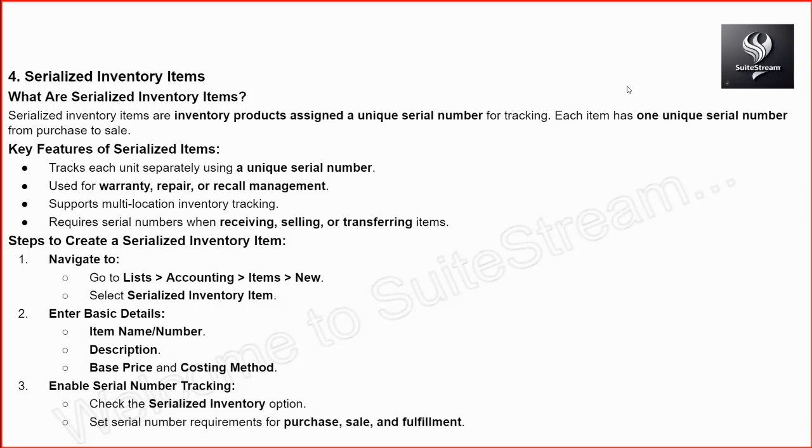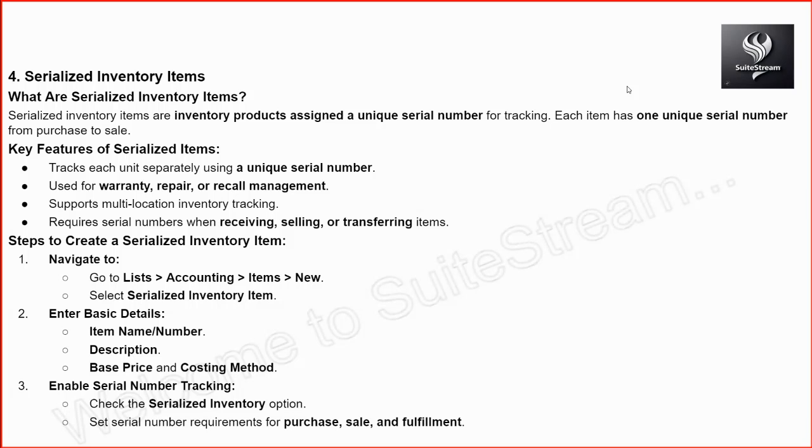For example, laptops and mobiles have a unique serial number. Based on that we can track, claim warranty, repair, manage recalls, and move the item to the service center to repair it. Each item has one unique serial number from purchase to sale to the customer.